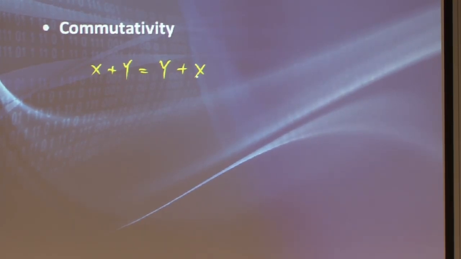So again, we had to formalize it. But it's true also for the AND operation. x AND y will give you the same result as y AND x. It doesn't matter what order you put them through.